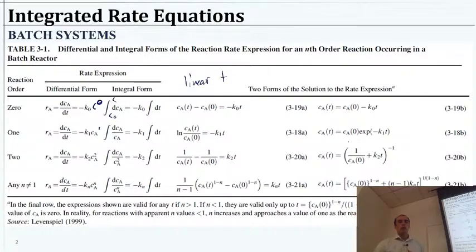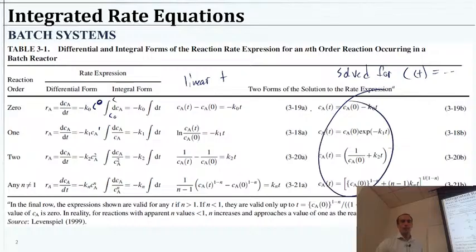Whereas over here on the right, and for the zero order it doesn't really matter, we have essentially solved for c. So c at some time t is equal to, that's this column. Okay, so for a zero order, we could say c at some time t minus c naught is equal to negative kt.